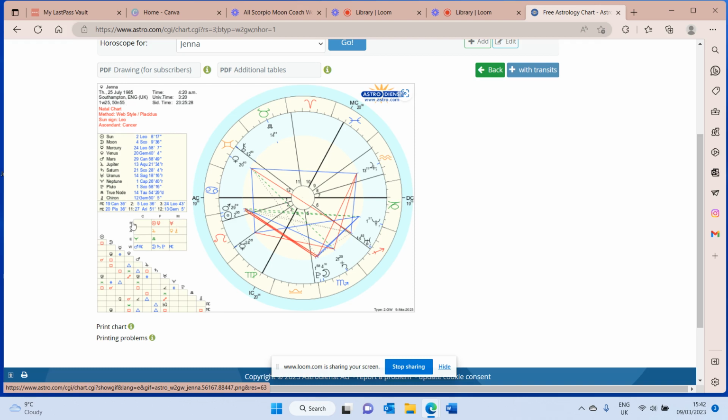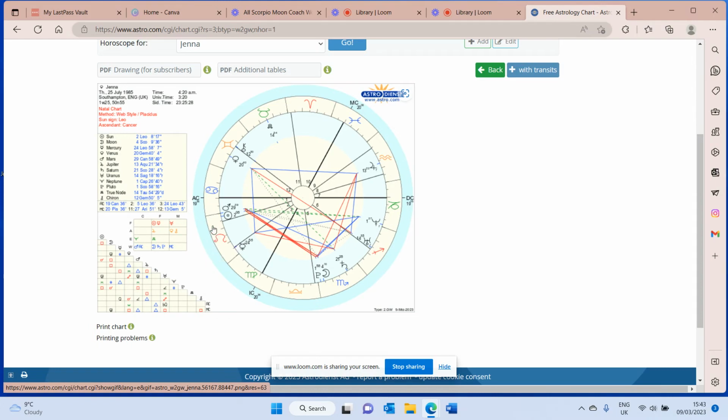Just below this key, this little table here, I like to look at, because it tells you what your elemental mix is in your chart. Each of these zodiac signs falls under a certain element: fire, earth, water, air.